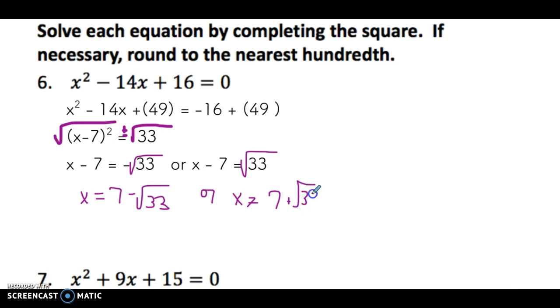And I can't simplify that any further because the square root of 33 is not a perfect square. Sorry guys, that should be an equal symbol. And that is my final answer.